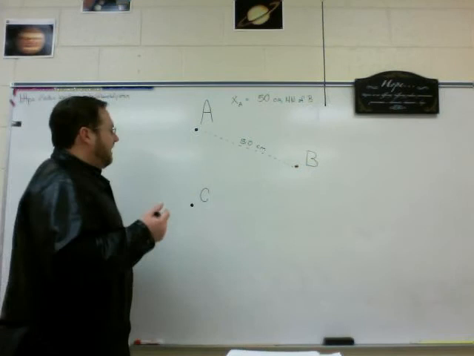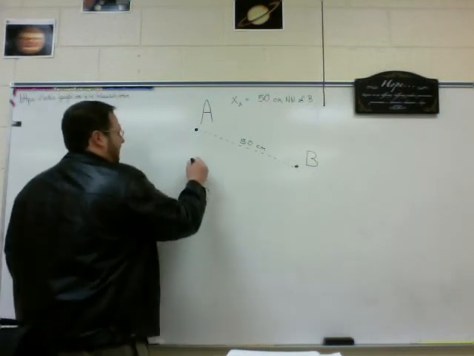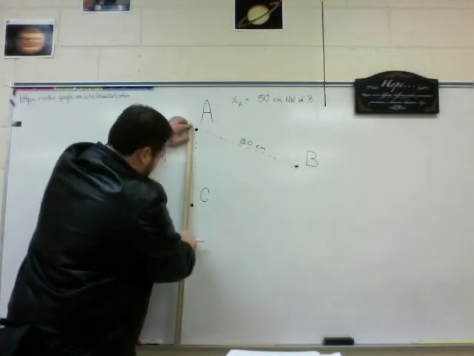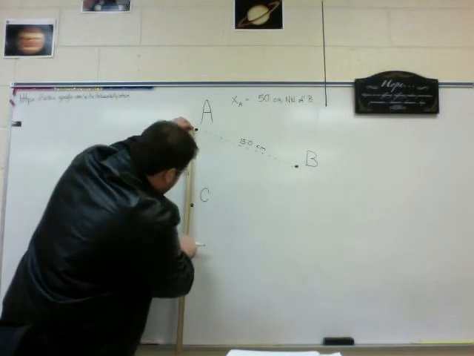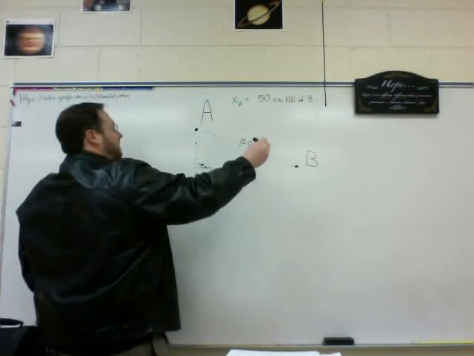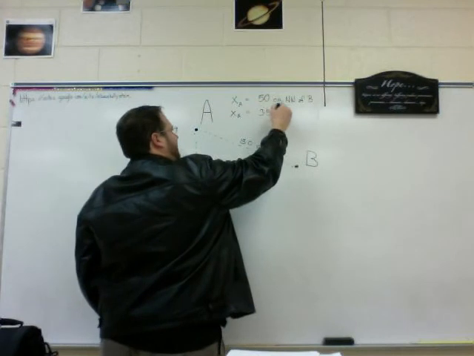We can do the same thing for A, but using C as a frame of reference. So now I need the distance between them. I can measure that. The distance between them is 35 centimeters. So I can also say that the position of A is 35 centimeters.